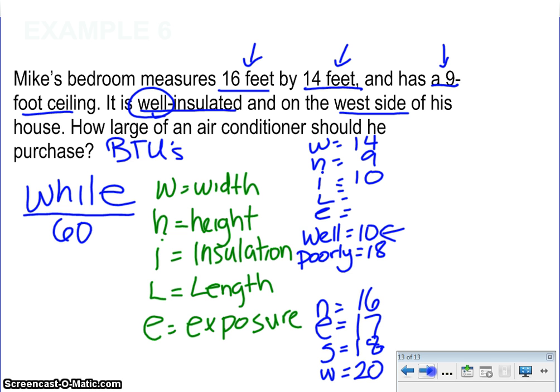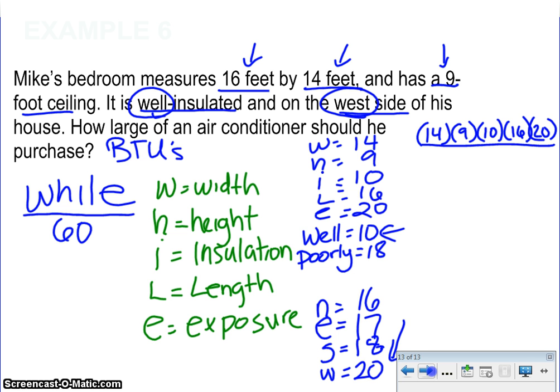The length is 16, and the exposure, it says the west side, so we've got right here, west is 20. Now, all we have to do is plug it into our formula. So we've got 14 times 9 times 10 times 16 times 20, all of that divided by 60.